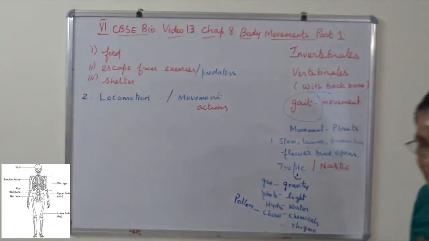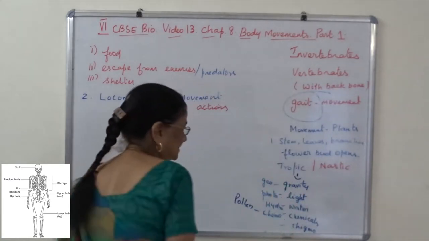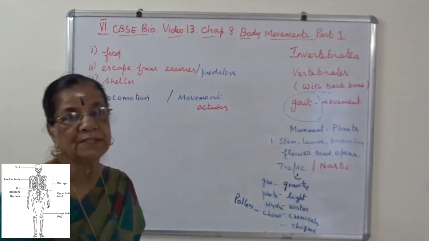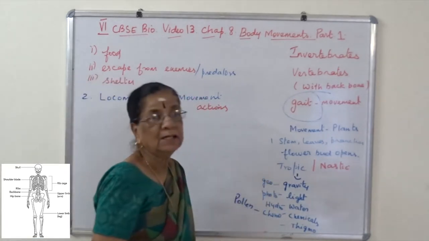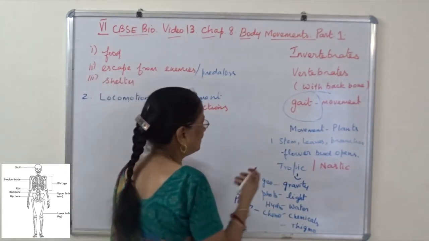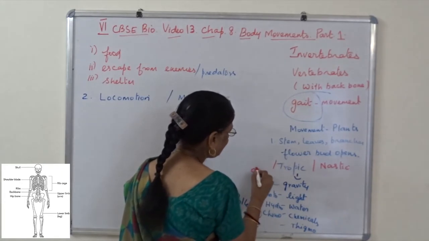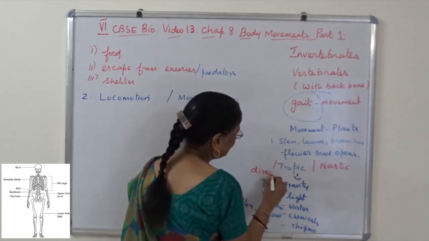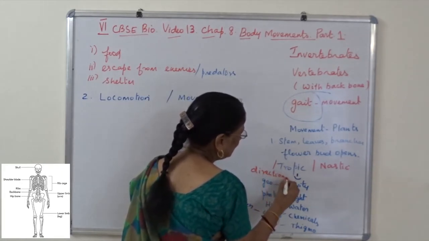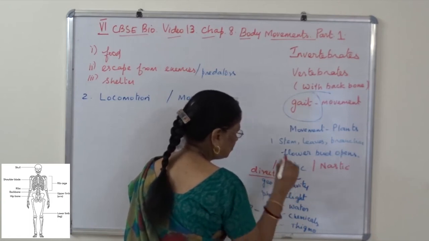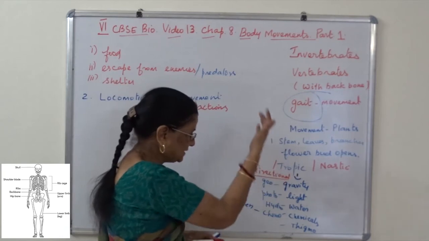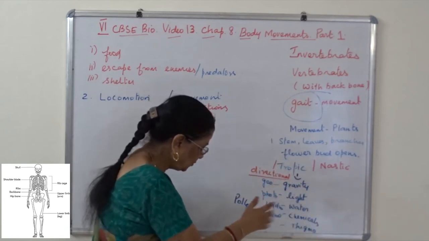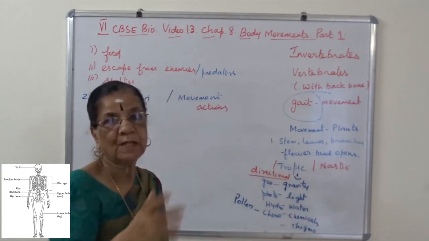So this is for plants, tropic movement. We say it is directional movement, only towards one direction: towards the soil, towards the light, towards the water, pollen, gain, chemical.